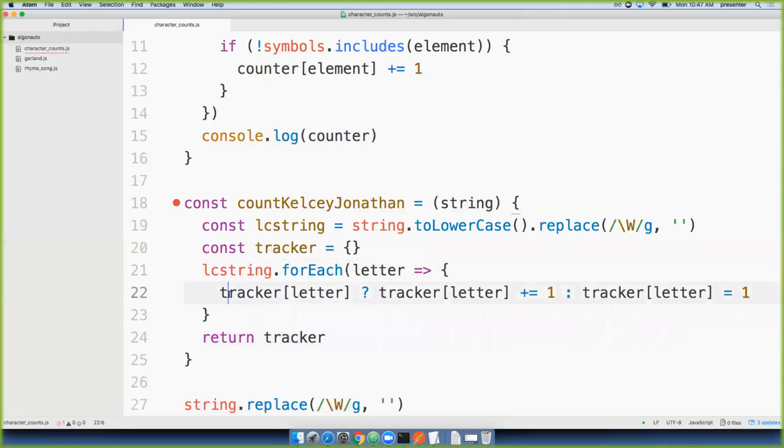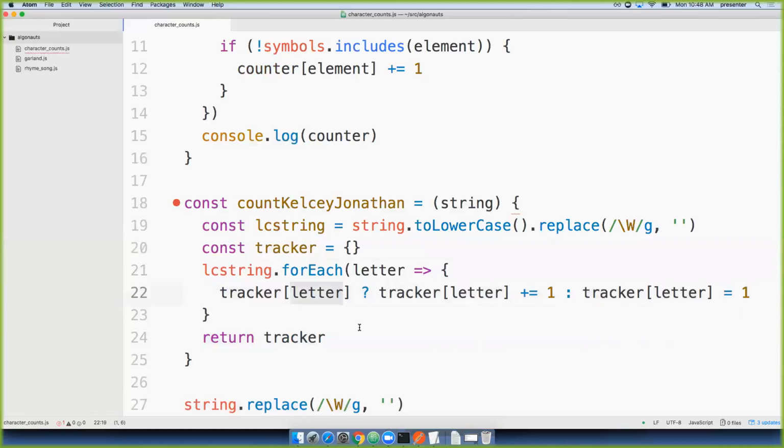Certainly the number of times I do line 22 depends on the number of letters. Is line 22 constant, or does line 22 itself depend on the number of letters? It depends on the number of letters, because the string is variable. But we're taking care of that. We're only looking at one letter here, not all the letters.